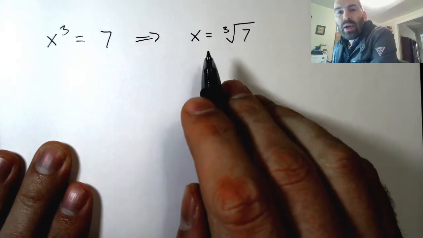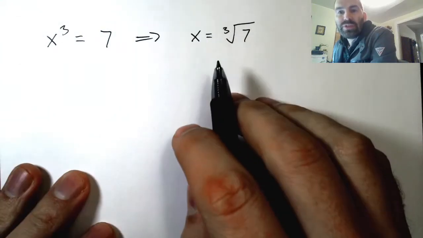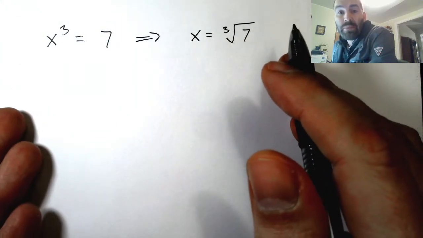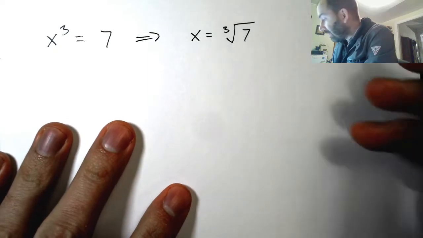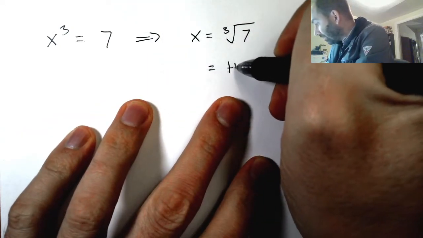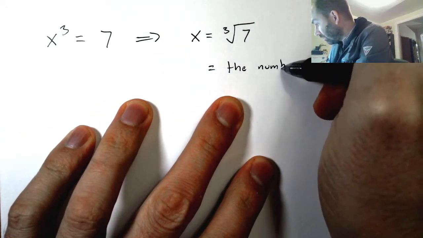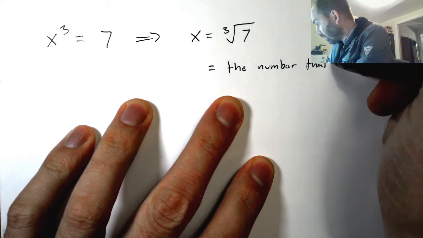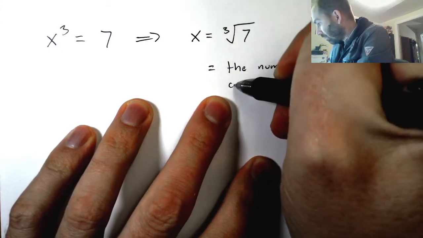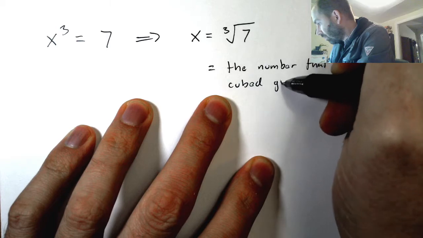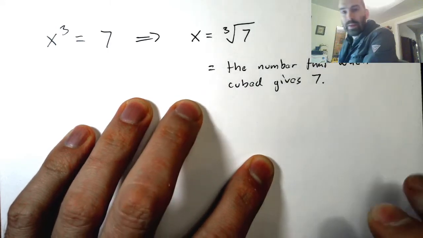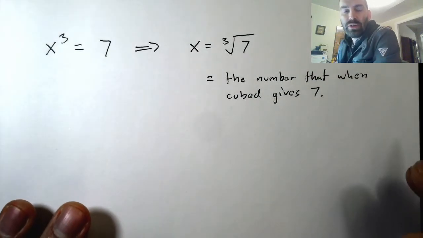Now, we're fine with this. We know that the cube root of 7 is a number. It's the number that when cubed gives 7.